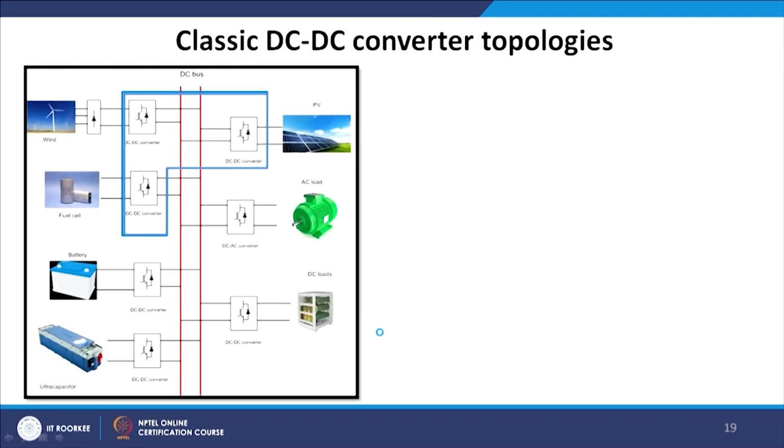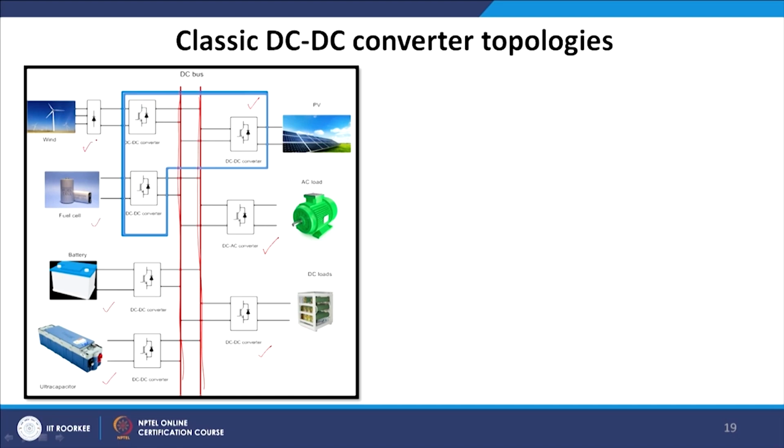Now, let us focus on DC-DC converter topology. If this is my DC bus, the red lines represent my DC bus. So, I can have many: for the PV, this is my DC-DC converter; for AC load, for DC loads, for ultra capacitor, for battery, for fuel cell and wind.